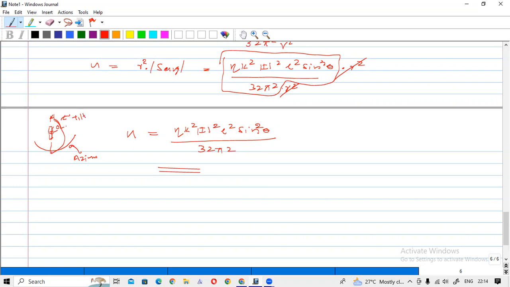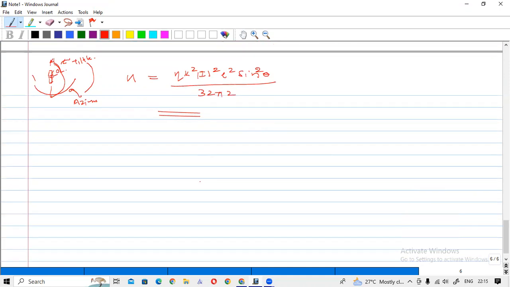You need not remember these words. You can see that it is not depending on phi. So if you consider any phi value around this, you have a uniform intensity. But in this direction it is changing, so U is not a uniform value.